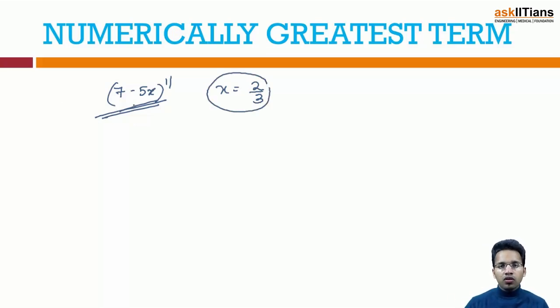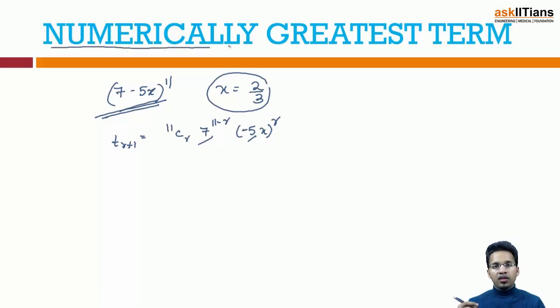Now in this, note there is 7, there is 5 and there is obviously a minus. And when we are talking about the numerically greatest term, the sign does not matter. Numerically greatest means we are not going for either plus 360 x^3 or minus 360 x^3 or something like that. Numerically greatest term means having the greatest constant part.